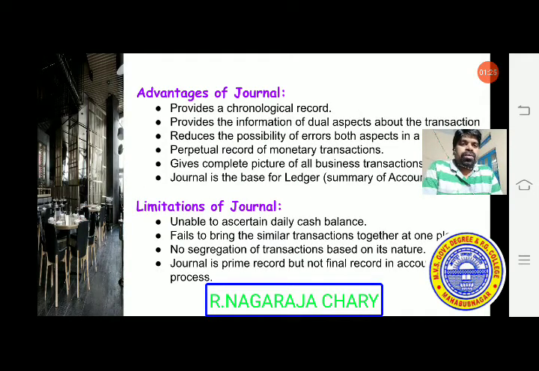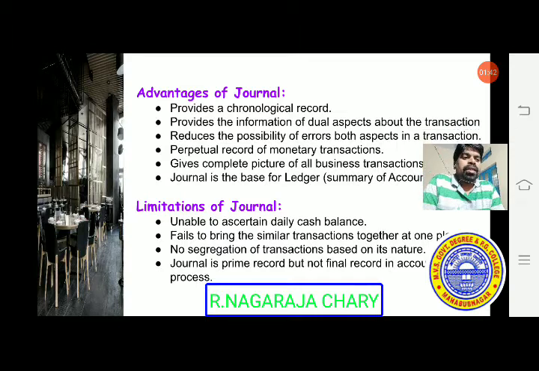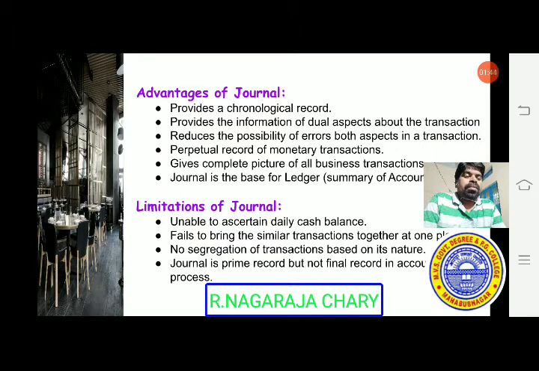right. So, advantages of journal. So, what are the advantages of a journal, right? Provides a chronological record. So, a journal provides a chronological record. What is the meaning of chronological record? Chronological is nothing but a continuous record, a date wise record.